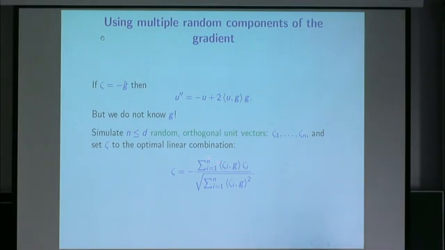Each of those random zetas are all orthogonal, and I can use the Euler method to get the component of the gradient in that direction for each of those zetas. And then I just take the optimal linear combination that will get me something as close as I can to minus g, which turns out to be this. This is just making it a unit vector, and this is just basically saying, hey, how much do I want zeta 1? Look how much you go down in the direction of the gradient.